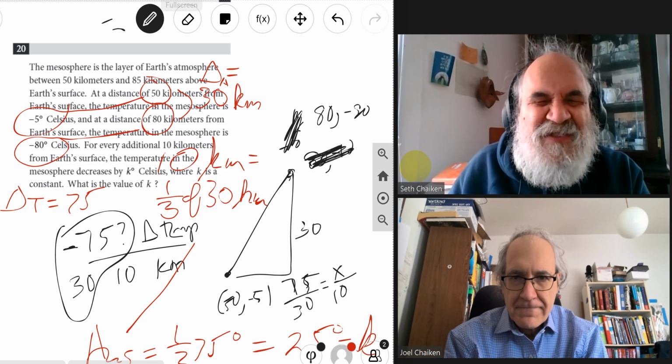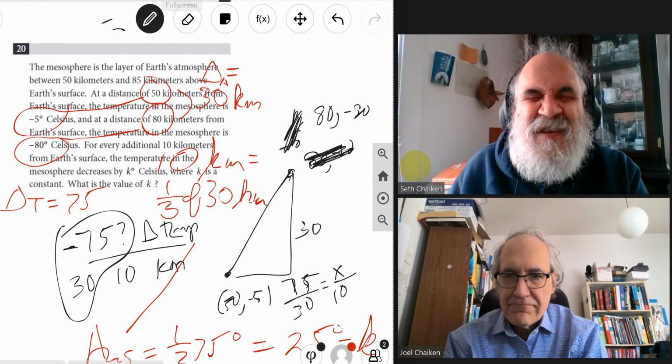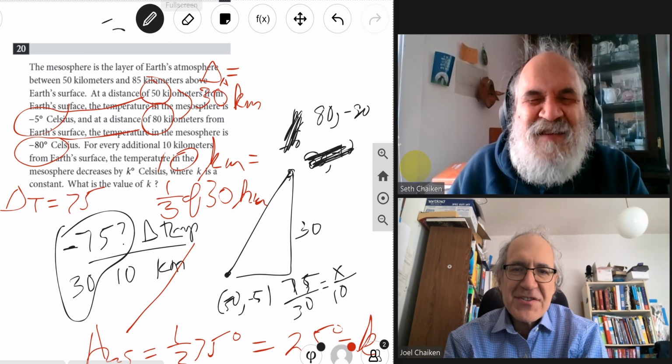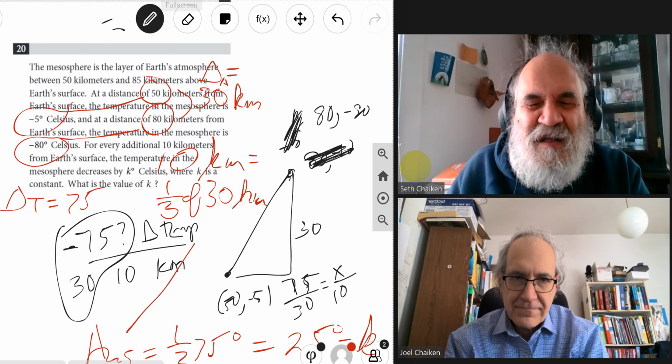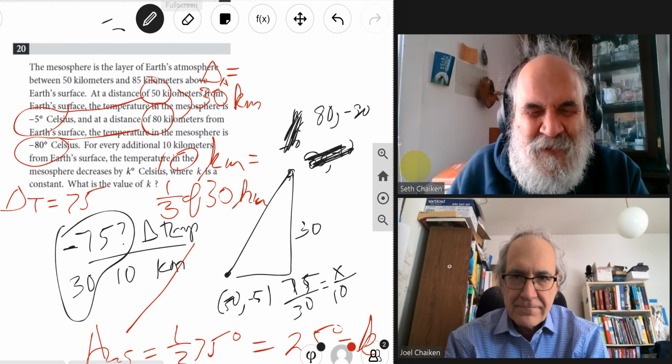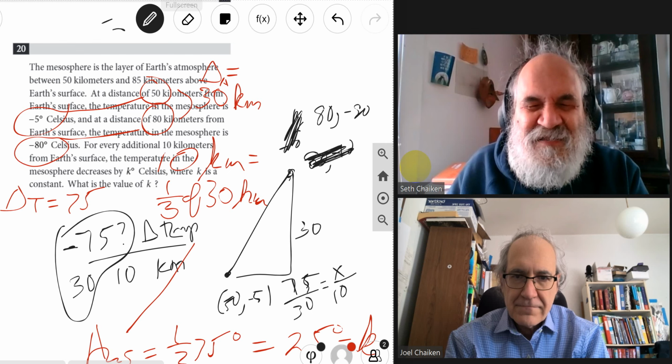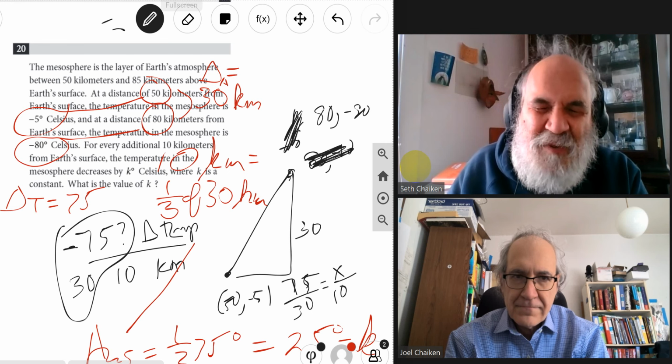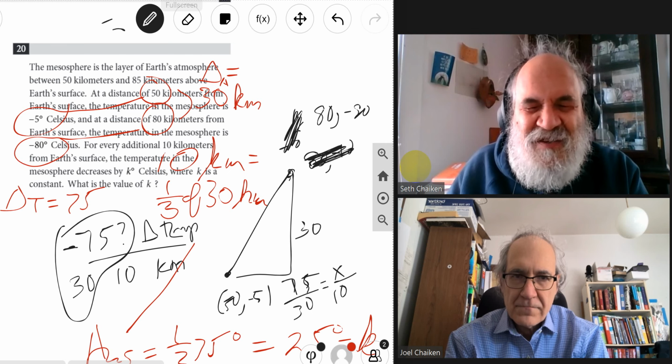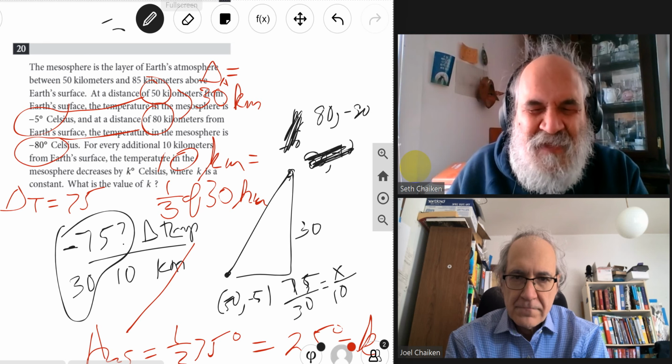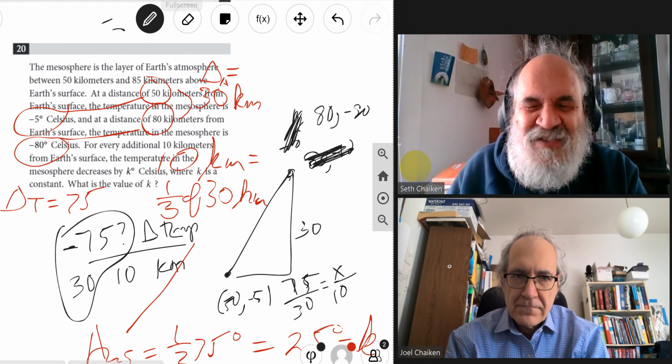I would not think of it as a slope. I think of it as a rate of change. In a problem where something is changing at a constant rate, which is only physically approximate, you have proportions. If you change a certain amount in 30, then how much you change in 10 is 1/3 of it.